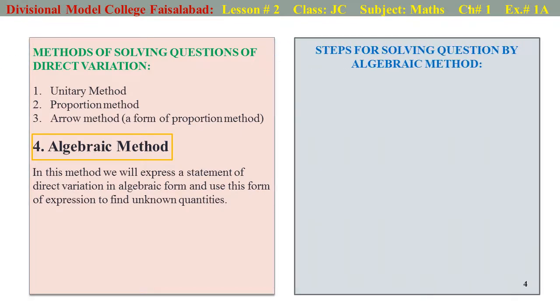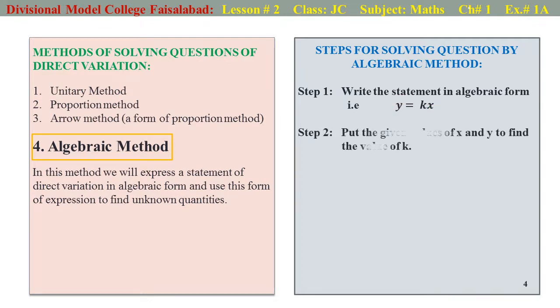There are some steps involved in solving problems of direct variation by using the algebraic method. Step 1: we first write the statement in algebraic form, y is equal to kx, or with the variables used in that particular problem. Then in step 2 we put the given values of the variables in this equation and find the value of k.